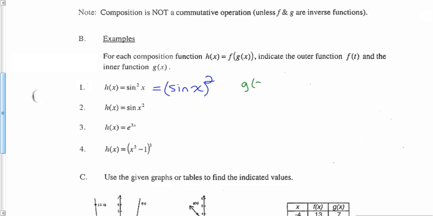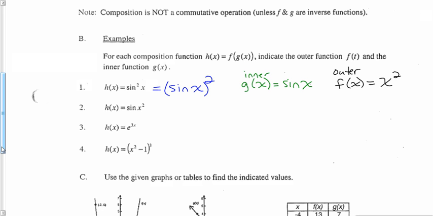So g of x, which is the inner function, is sine of x. Then, what is the outer function? Once you've plugged in x and gotten the sine, what do you do with that? Our f of x is going to be x squared, because I square that number.